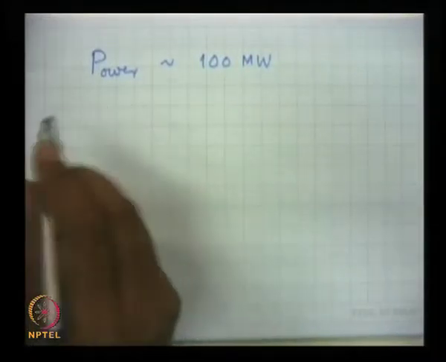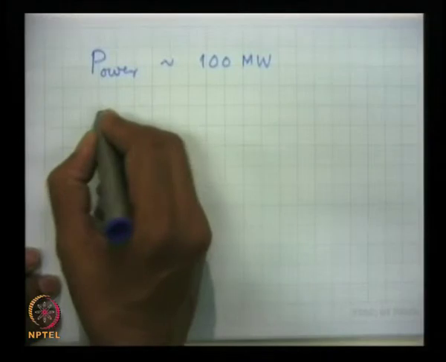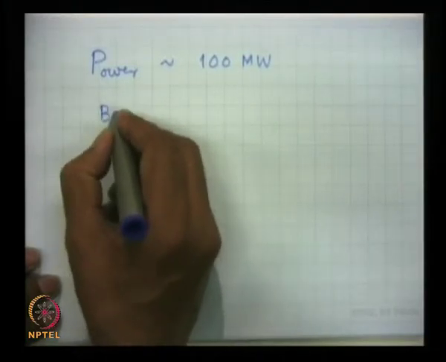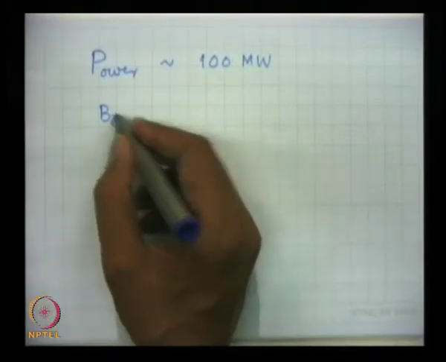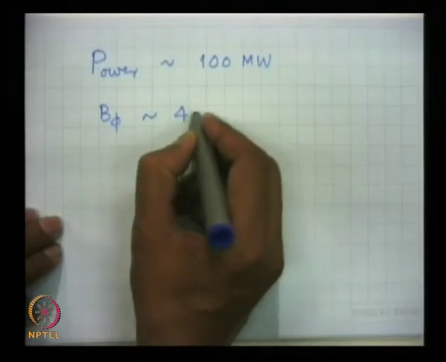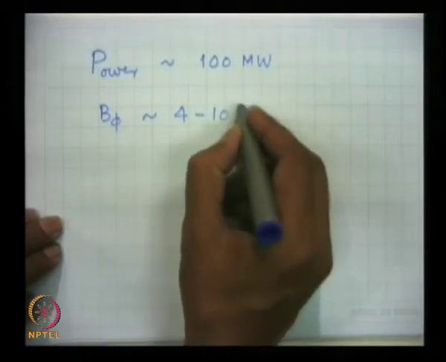Now, let me mention that these plasmas have magnetic fields B phi and B P. B P, the poloidal magnetic field, is smaller, and B phi is in the range of 4 to 10 Tesla.